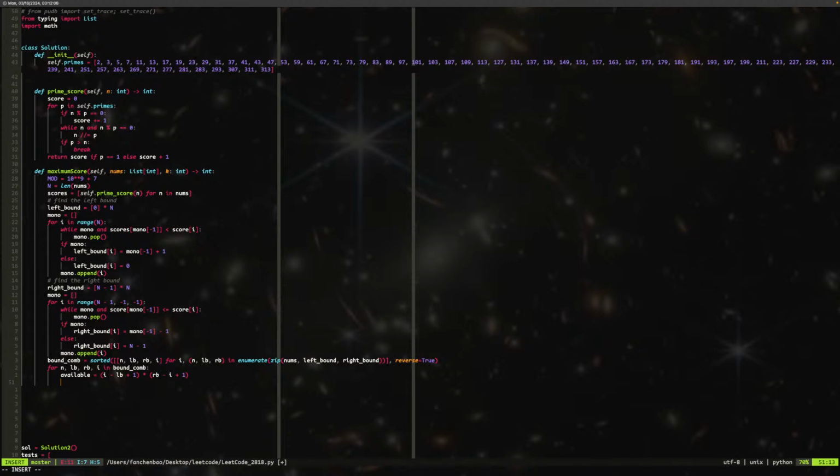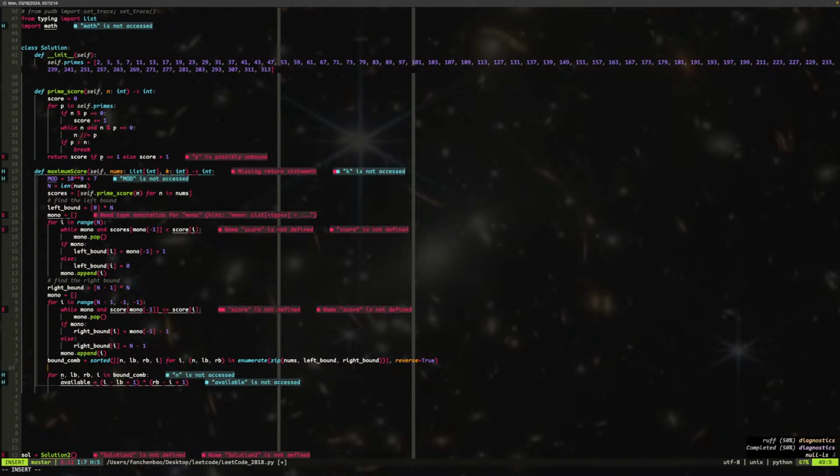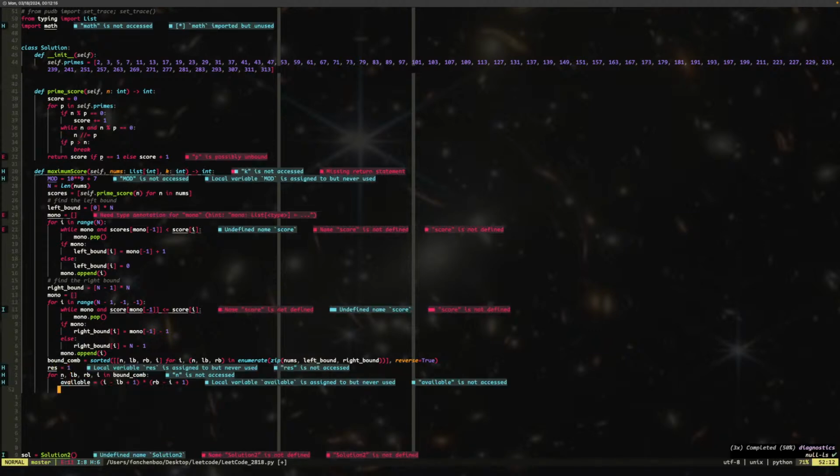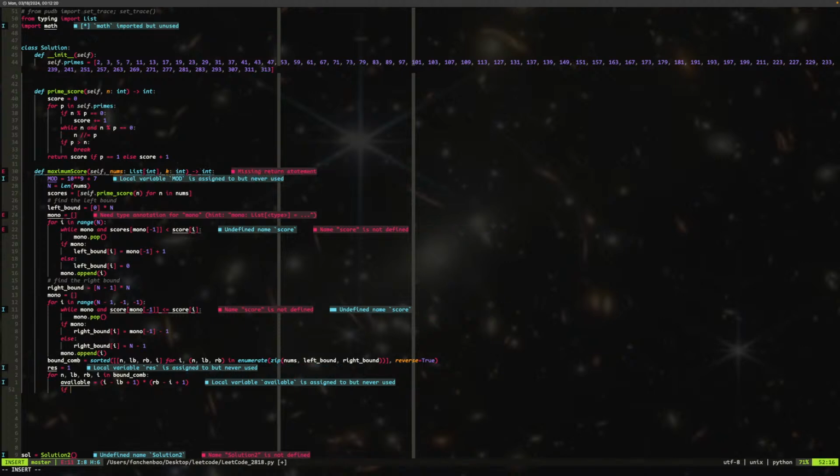And we say if, oh, we need the result as well. So res shall equal to 1, right? I need to reduce this amount from k. How do I do that?